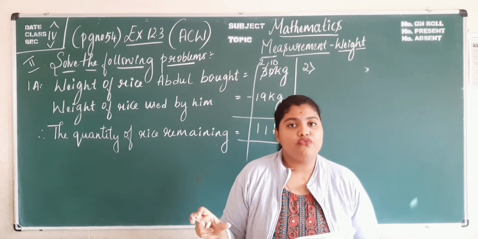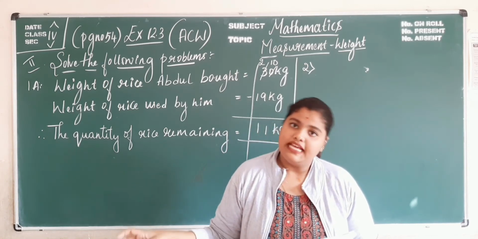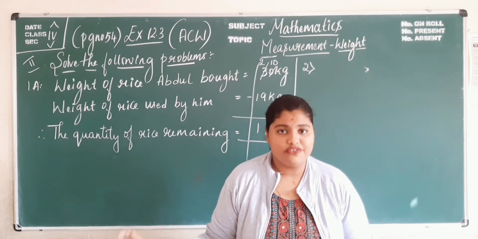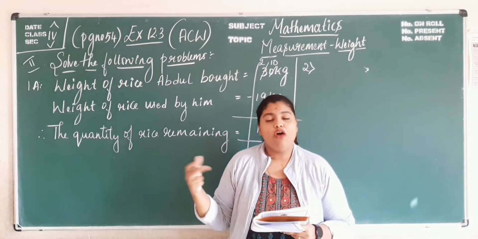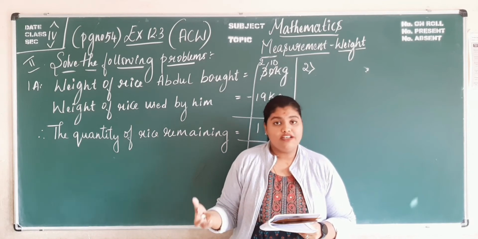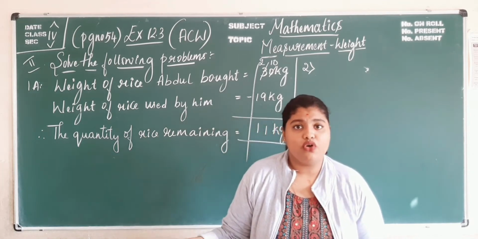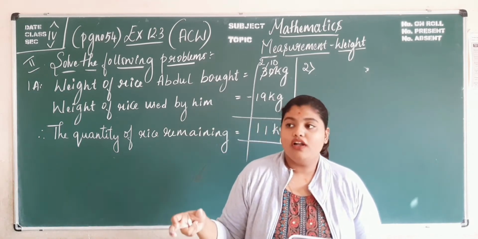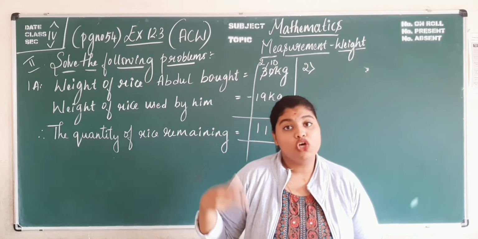In the morning, what was the weight of firewood kept in the godown? Yes, it was 550 kg. In the evening, how much was left? 200 kg was left in the godown. So what is the quantity of firewood sold by him?